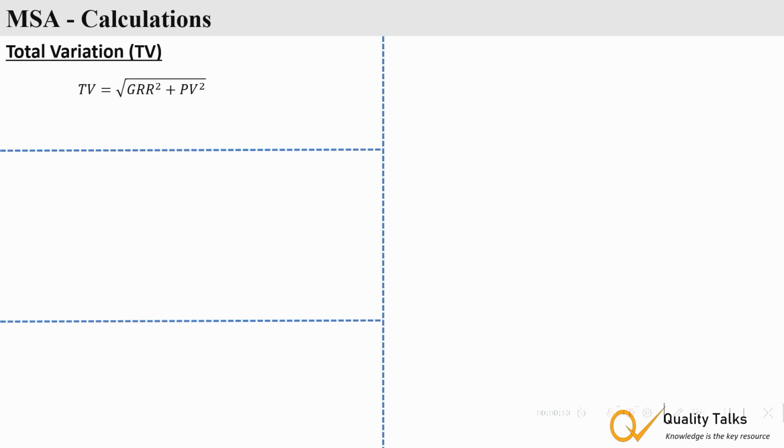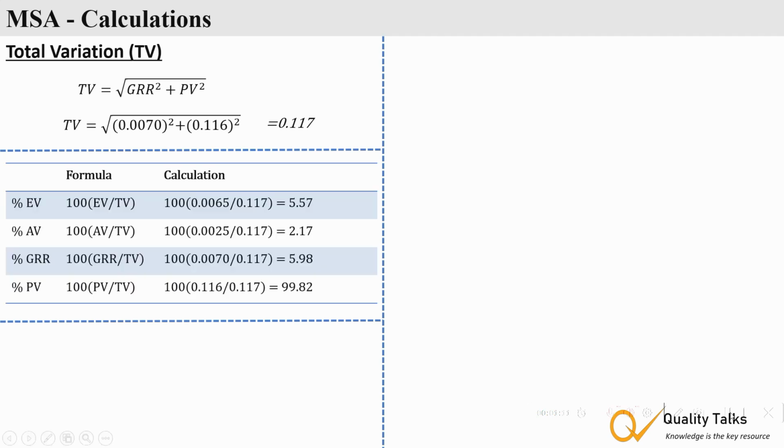Now we will calculate total variation. Total variation is equal to square root of GRR square plus PV square. By putting both the values, we get total variation as 0.117. Now we will calculate percentage EV, percentage AV, percentage GRR and percentage PV.